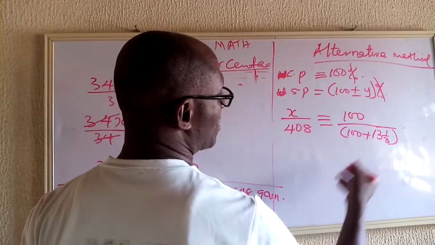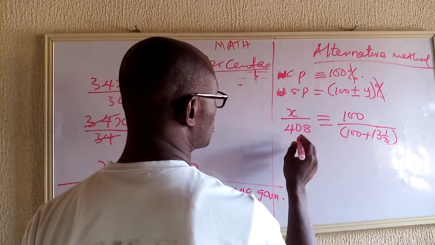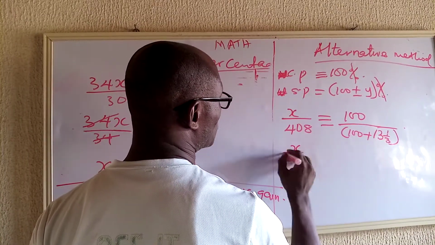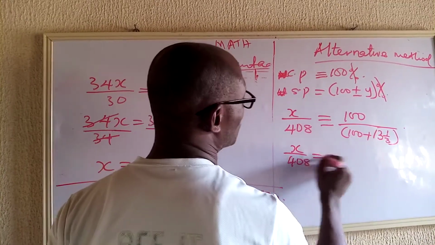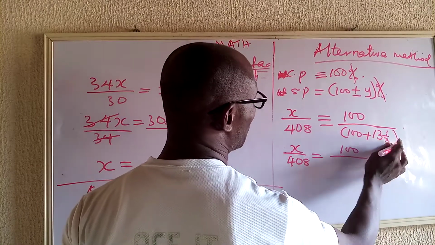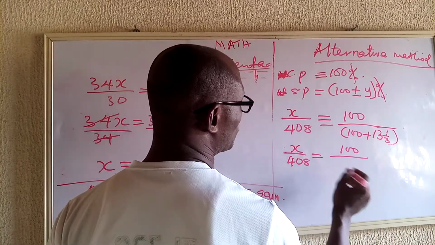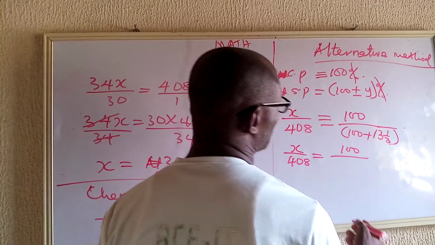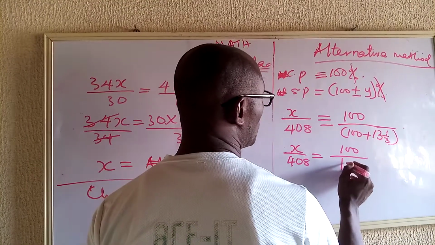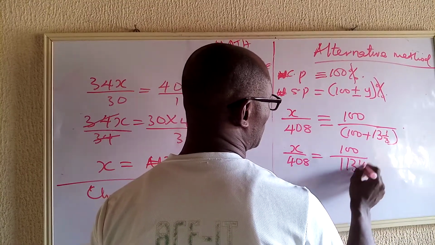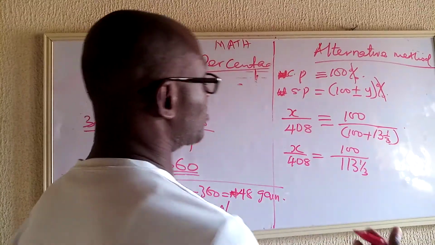So by the time you do that, x over 408 will be 100 over, if you add this and this, that will be 113 and 1/3. 113 and 1/3. So let's cross multiply.